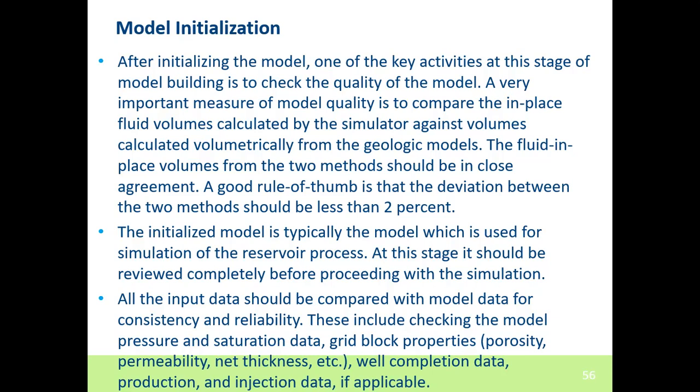If your volumes are wrong from the initialization process, it would definitely affect your simulation results. When I say wrong, I mean if the disparity is large. So a good rule of thumb is to ensure that the deviation between the volumetric calculation and your simulation model is not more than 2%.